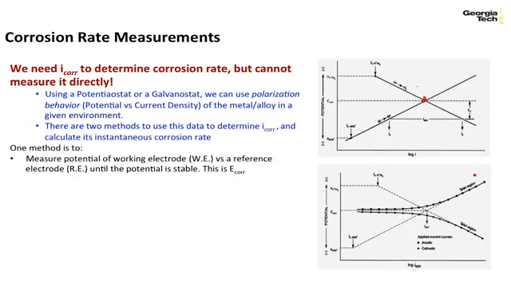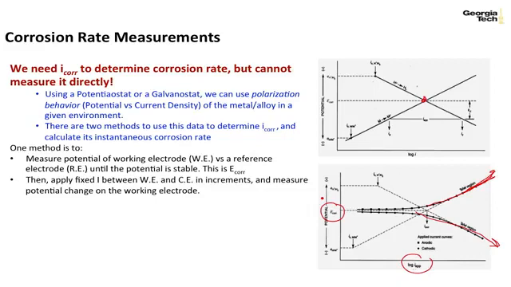In one method, you measure the potential or E corrosion, which is this value here, and once you have determined that, you polarize your metal to the anodic side, which is going in the positive direction, or the cathodic side, which is going in the negative direction. If you plot log of current density versus potential, you polarize until you reach the linear region on that plot, which can be many hundreds of millivolts from this corrosion potential.